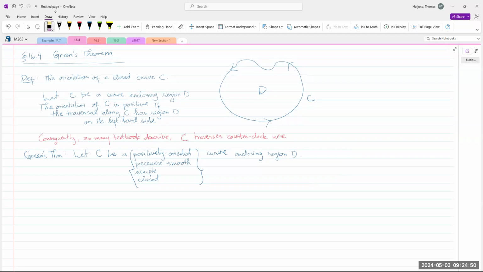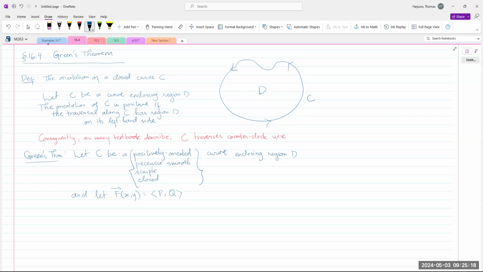Now, let vector field F, with x and y components only, two dimensions, be the vector <P, Q>, where P and Q are functions of x and y.